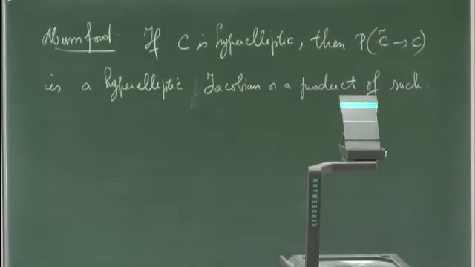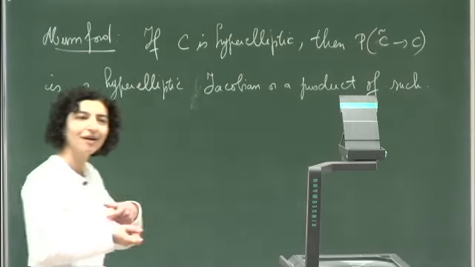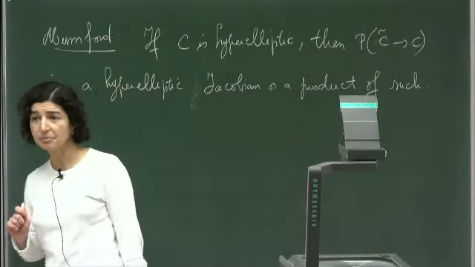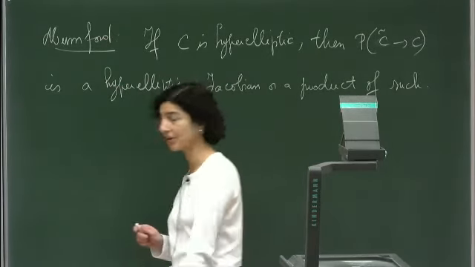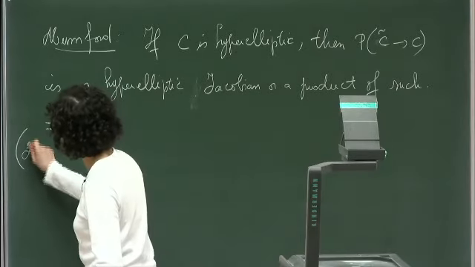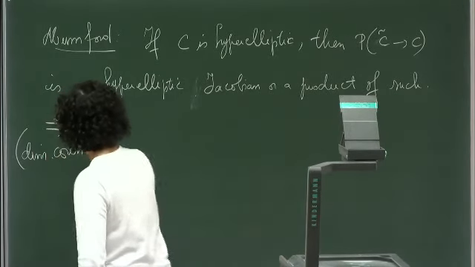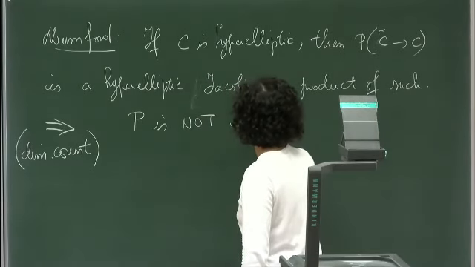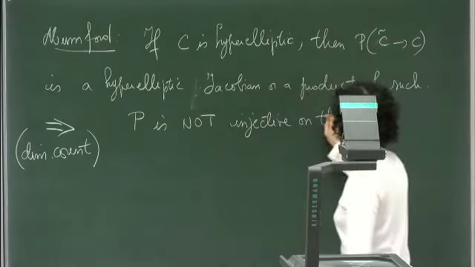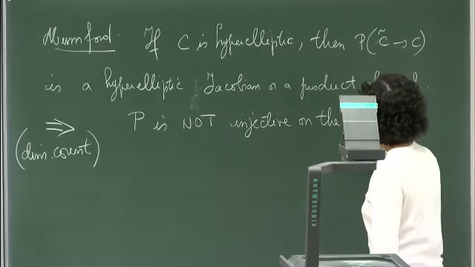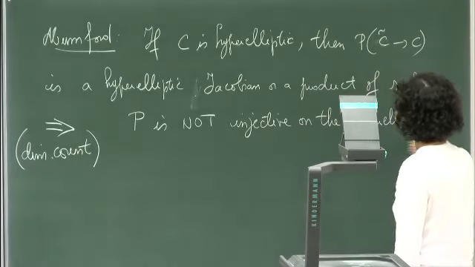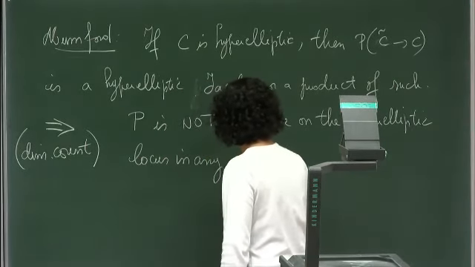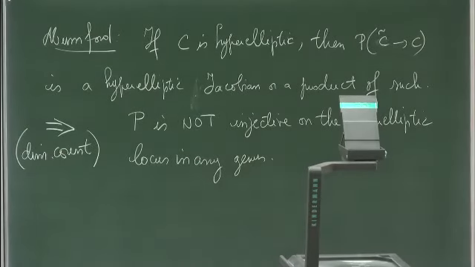So just like here, if you count the number of moduli for hyperelliptic Jacobians or hyperelliptic curves, then by dimension count, the Prym map cannot be injective on the hyperelliptic locus in any genus. Okay, well that's that. It's not going to work in general.